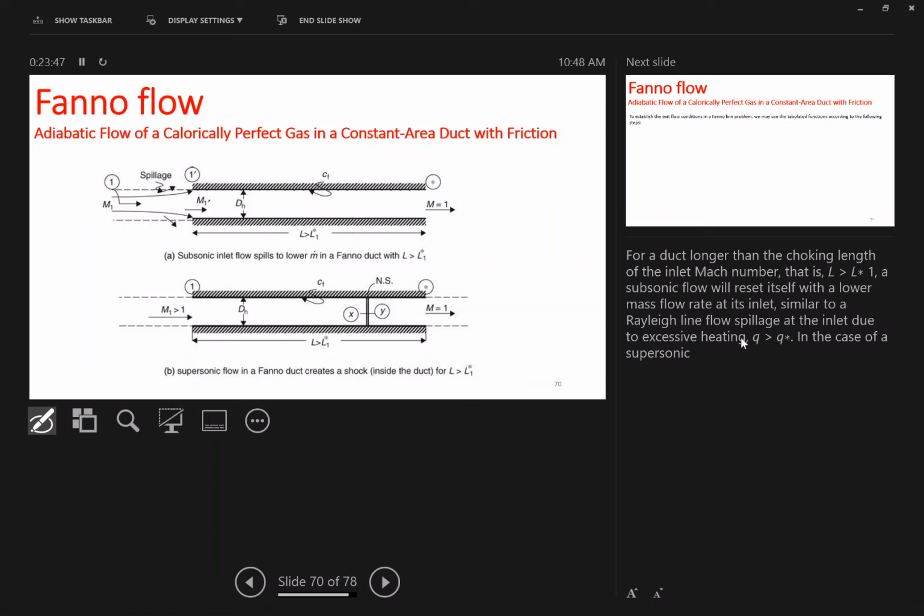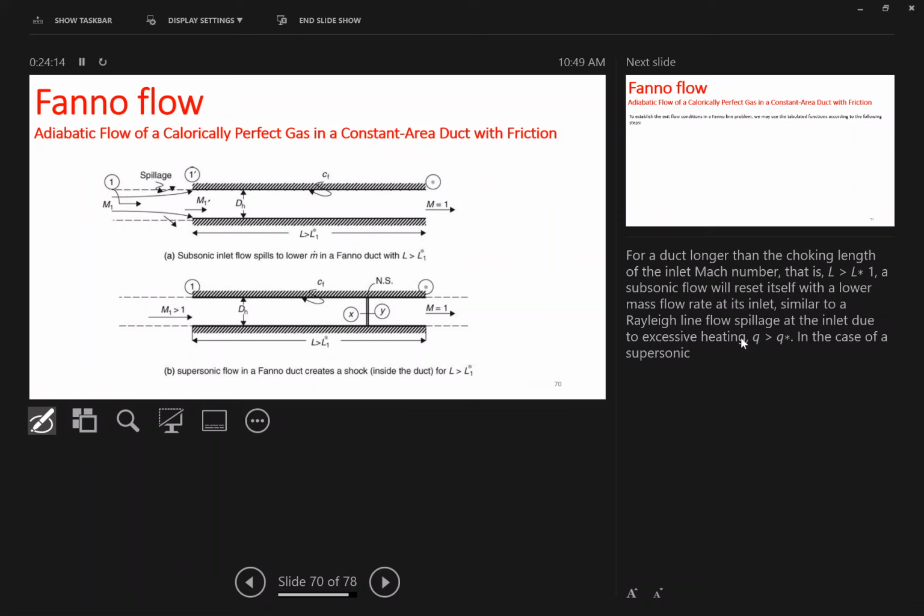And what was the sonic length? The sonic length was the length at which you will get the sonic condition, the choking condition. So if the length of the duct is larger than the sonic length, then the flow will make some adjustment, so your outlet will be the new sonic condition, the new choking length. Does that make sense? Okay?